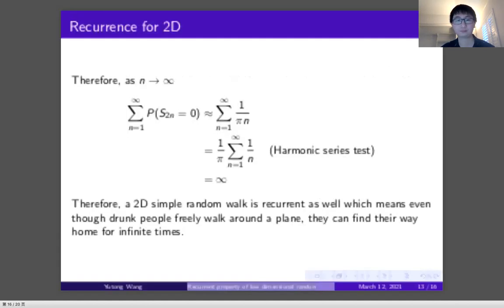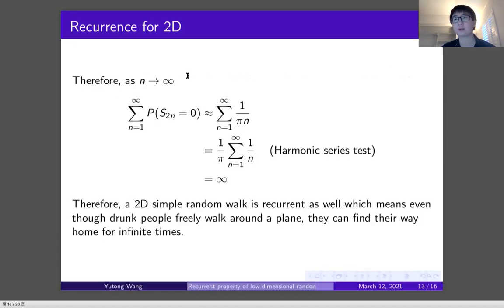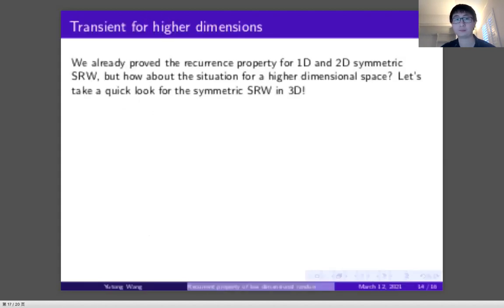So the sum, as n goes to infinity, as the steps go to infinity, we can know the 1 over pi is only a constant, and the 1 over n is the harmonic series, and it also diverges. So we get the same conclusion for two dimensions, which is also divergent, and which means the people will eventually go to their home as long as they walk around.